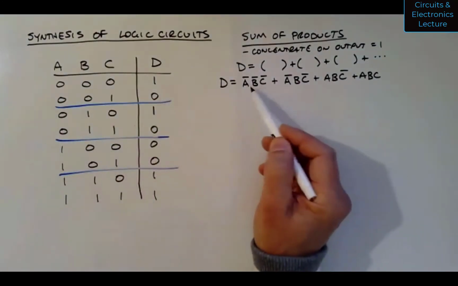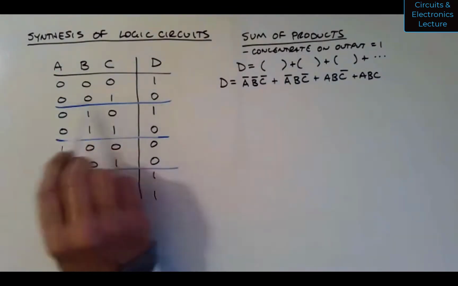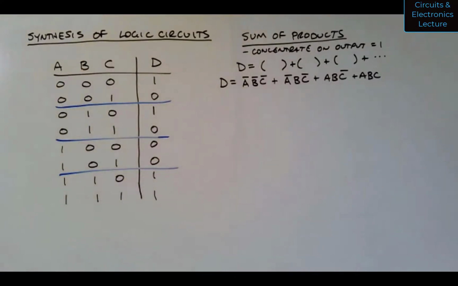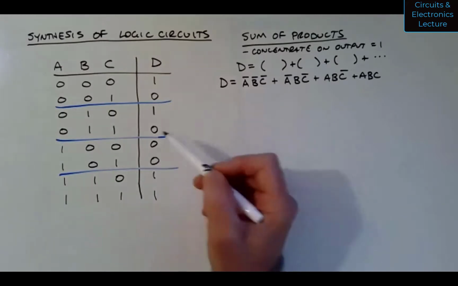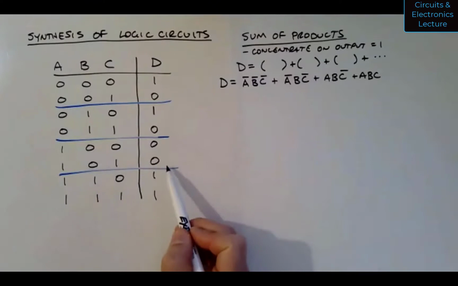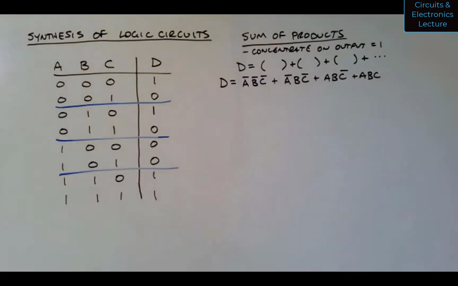Well, the AND function takes care of that. If you try, let's say this row here, 0, 0, 1. If you try 0, 0, 1 in any one of these terms, well, they're all going to evaluate to be 0. And again, you could try any one of these sets of inputs for which the output should be 0, and you plug those values into these 4 terms, and they will evaluate to be 0.